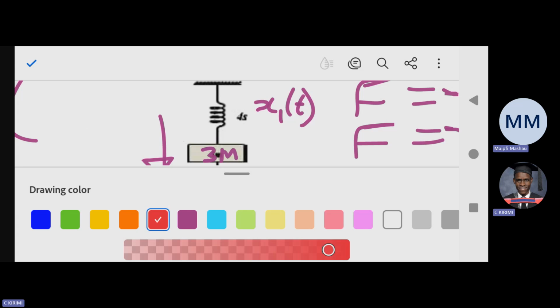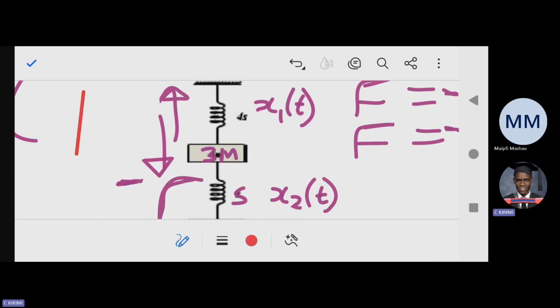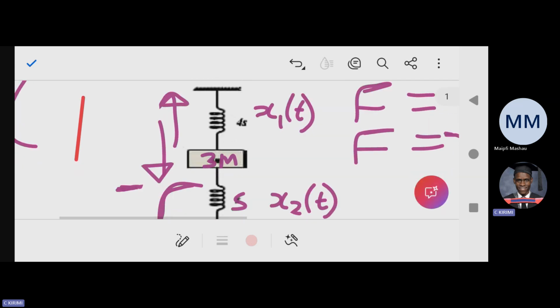Is it because the spring has weight? The mass block has weight. When you put a weight on a spring, it moves in an opposite direction, and it starts to oscillate back and forth. Remember, it's a spring: going up, coming down, going up, coming down until a certain point.